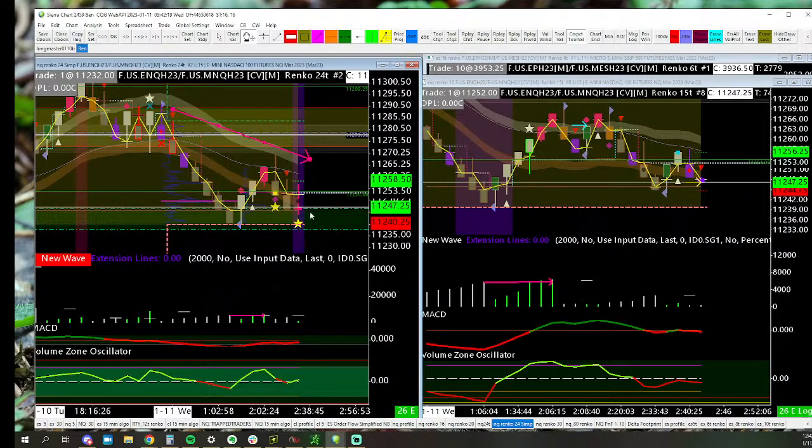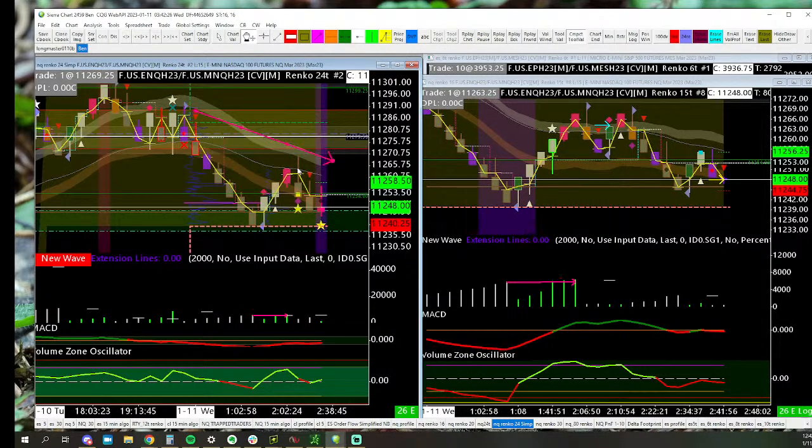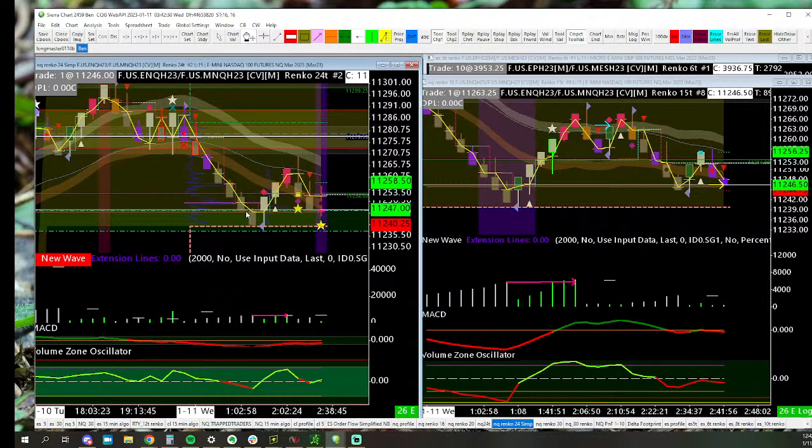Until they do that, I'm going to assume that they're going to go lower eventually. And that's just, again, out of experience, knowing that the market loves to push price but lag volume during a trend, especially in the beginning.